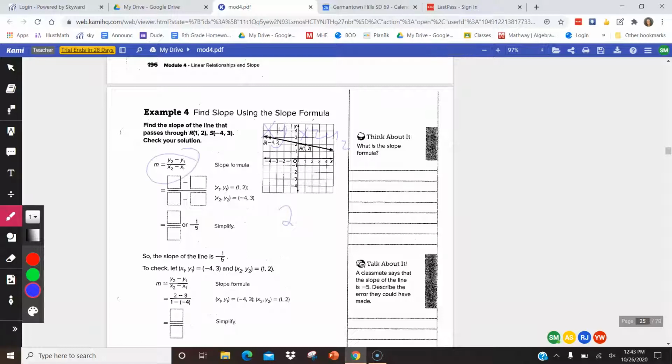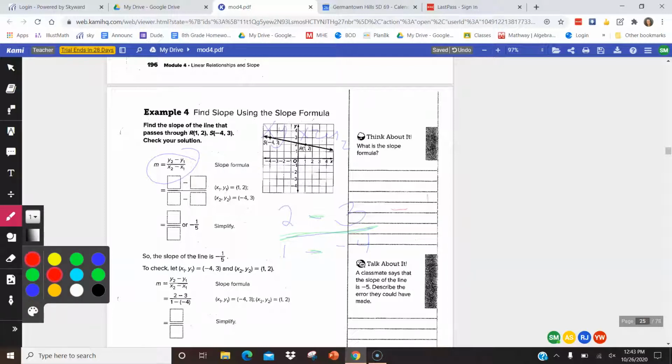Here's my formula. I'm going to have 2 minus 3 over 1 minus a negative 4, because my formula looks like that. This will now become plus a positive.